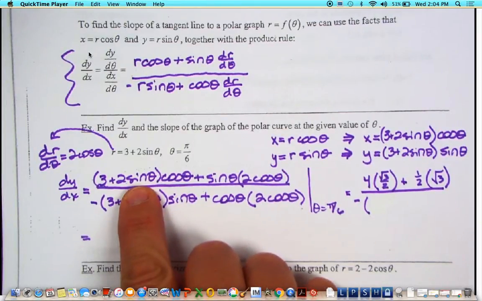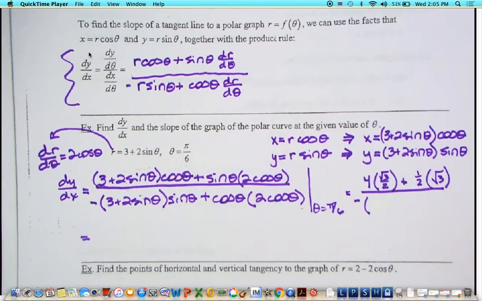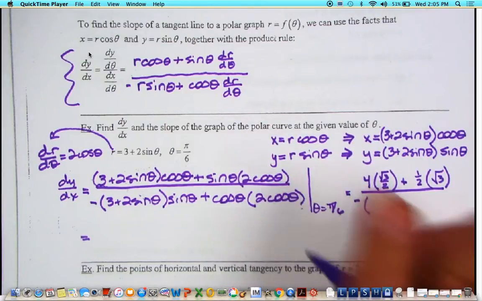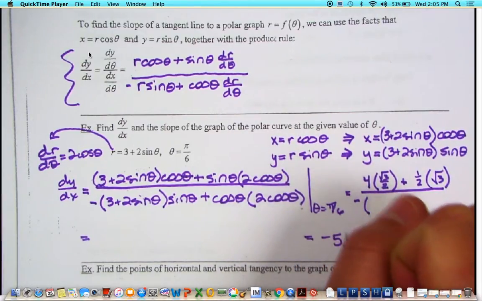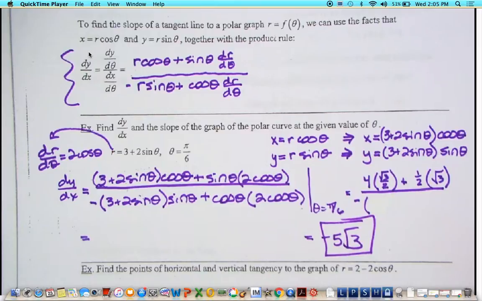Back up here. This was square root of 3 over 2, right? No, it's 1/2. That's my problem. So that's 1/2. Here's the answer.